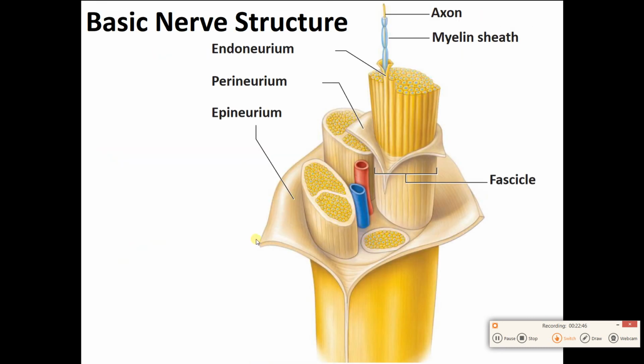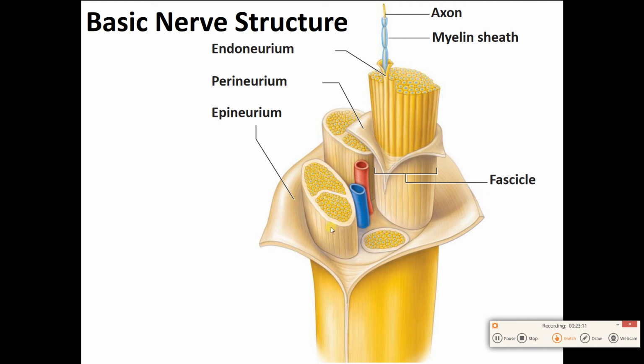Excellent. Speaking of nerves, we just looked at that spinal nerve. We just introduced ourselves to it. I want to do the basic structure of a nerve right now, because this is going to be important to have in our brains as we move forward. So a nerve is a big old bundle of axons.